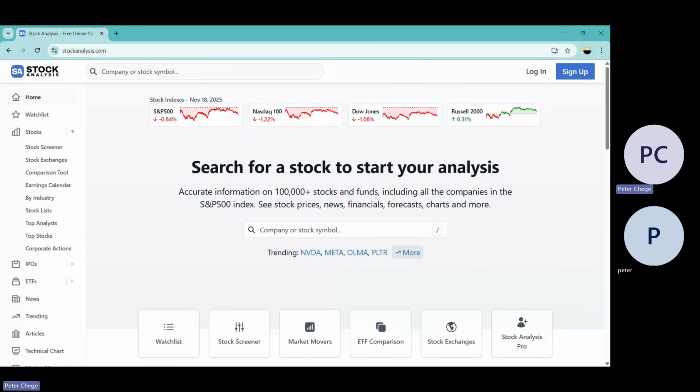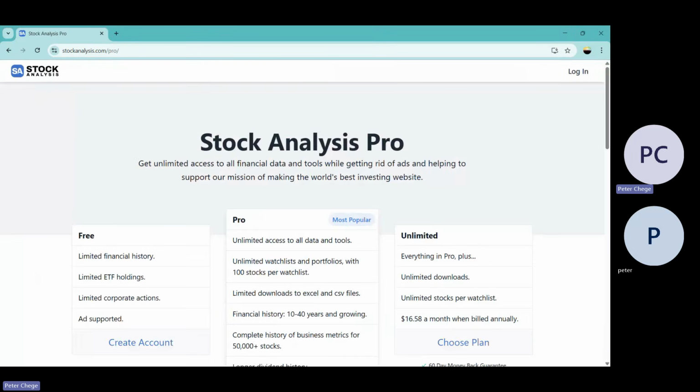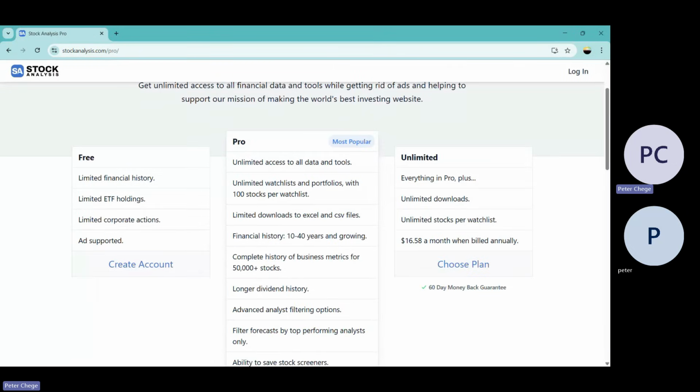The first thing you may want to do, even if the site is free, is to sign up. Just click on sign up. There are three packages. One is free, where you can see limited data, but it is enough to make decisions. However, you can go to Pro, where you have unlimited access and you can see longer history, including dividend history.